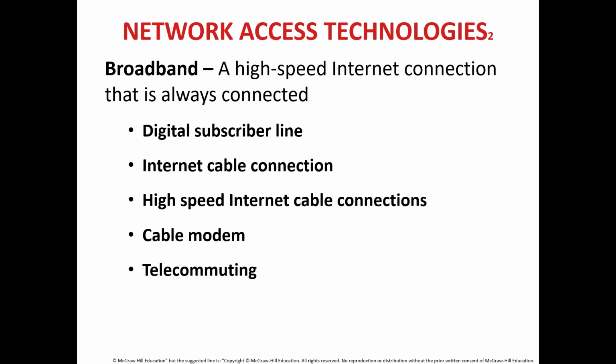Internet cable connection provides internet access using a cable television company's infrastructure and a special cable modem. High-speed internet cable connections refer to the high-speed internet access that is always on and faster than traditional dial-up access, generally makes use of broadband.